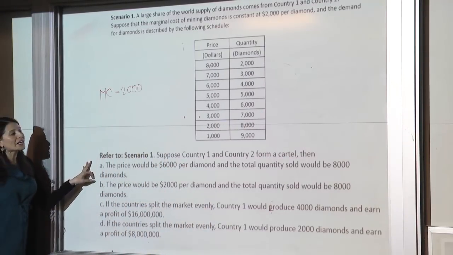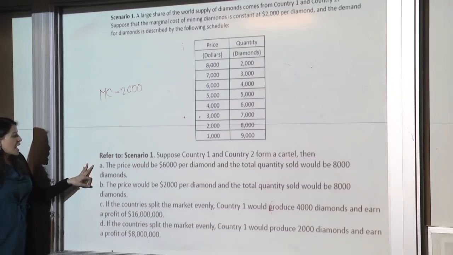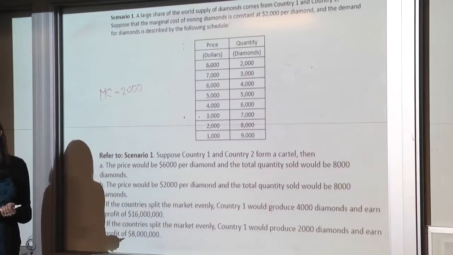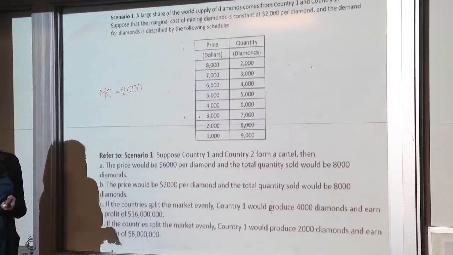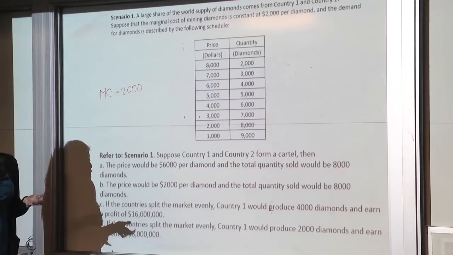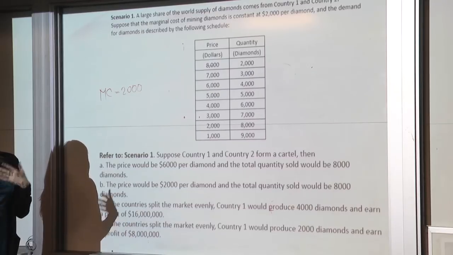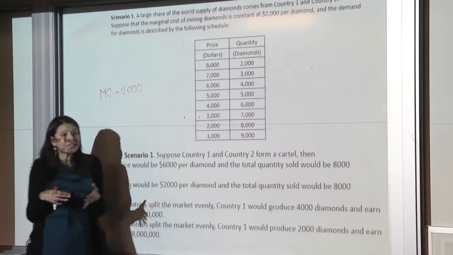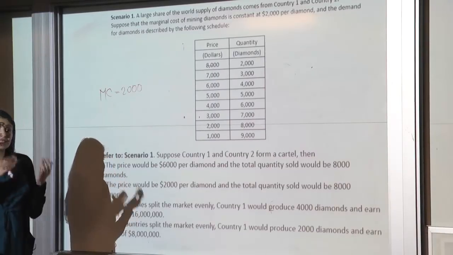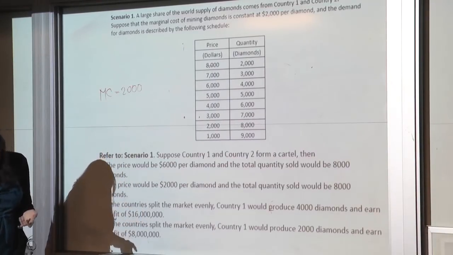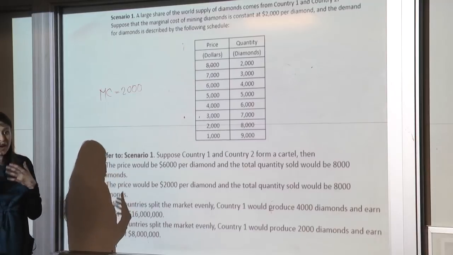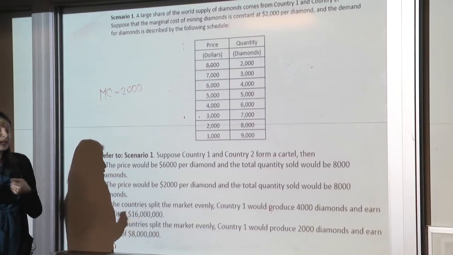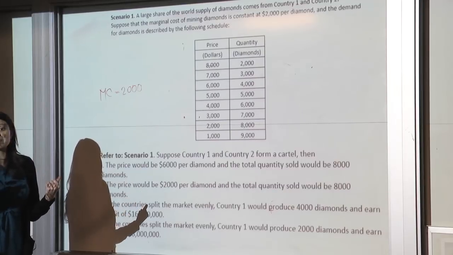Suppose that country 1 and 2 form a cartel, then what happens? So what happens when they form a cartel? They are going to act as a monopoly. If they are going to act as a monopoly, what are they going to do? They are going to maximize profits, right? So what we have to do here is find the point in which they maximize profits and then calculate the quantities that they will produce when they maximize profits and how they are going to split these profits.